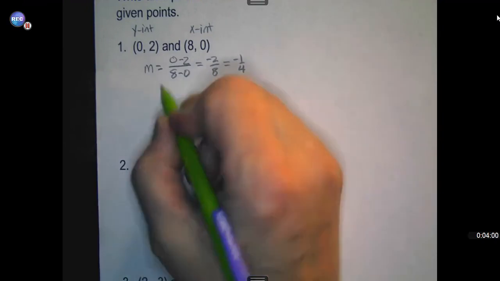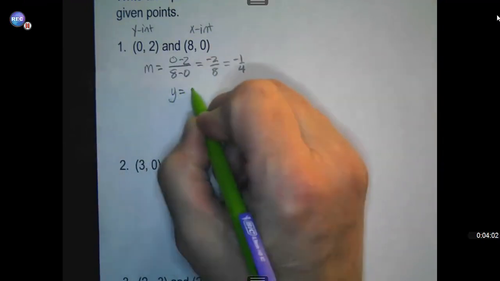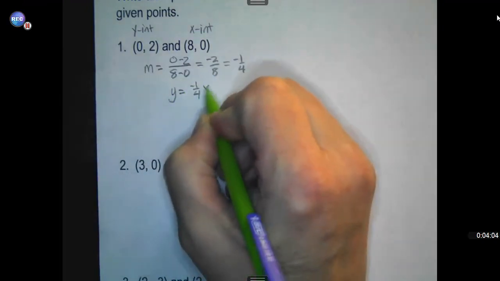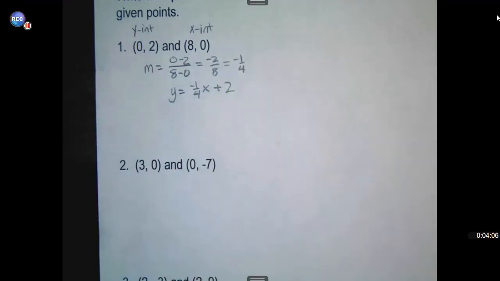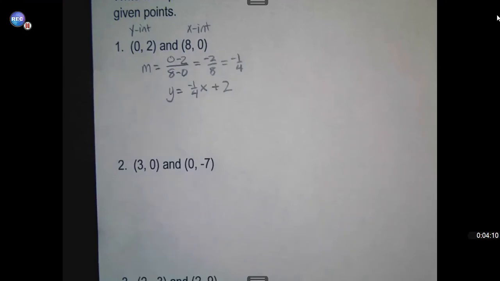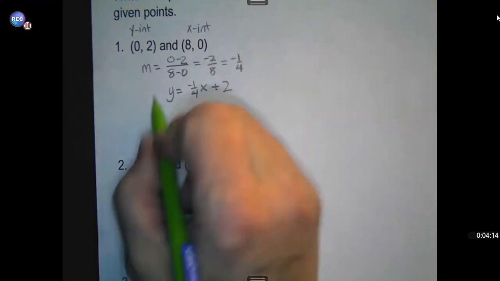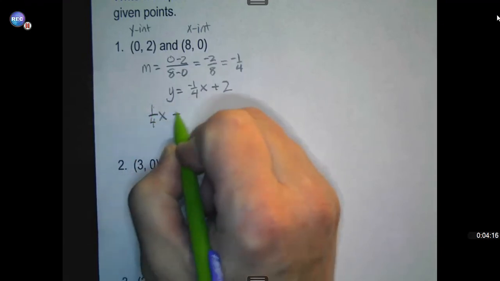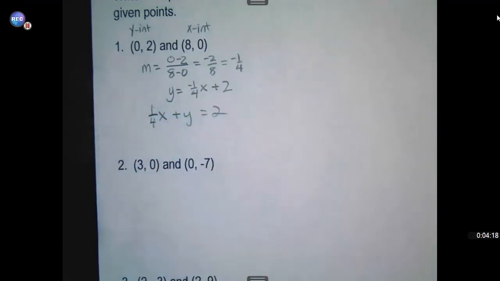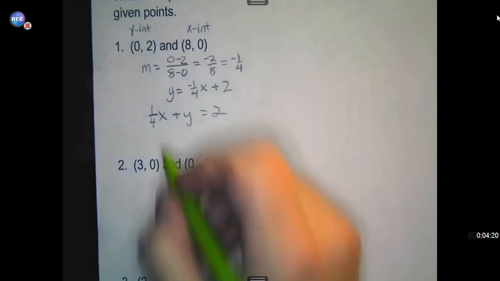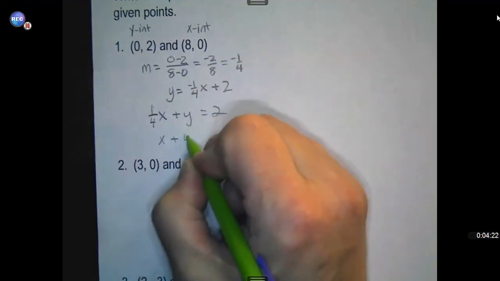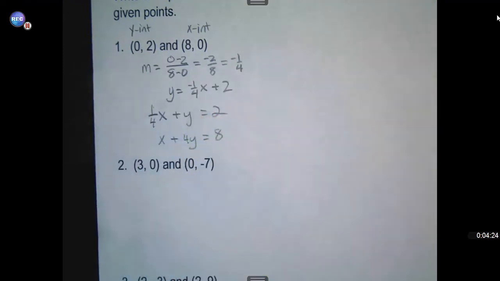So in slope-intercept form, this is y equals negative 1/4 x plus 2, because my y-intercept is 2. To change this to standard form, I just need to move the negative 1/4 x over here and have 1/4 x plus y, and then multiply everything by 4. So x plus 4y equals 8. And that's it.